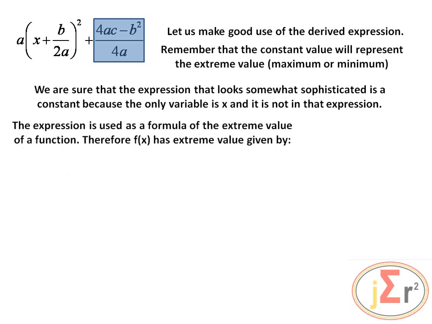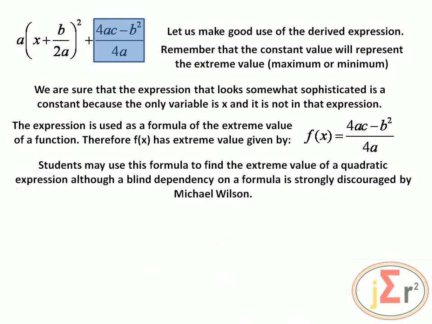The expression is used as a formula for the extreme value of a function. Therefore, f of x has extreme value that is given by f of x equal to 4ac minus b squared over 4a. Students may use this formula to find the extreme value of a quadratic expression, although a blind dependency on a formula is strongly discouraged by Michael Wilson.